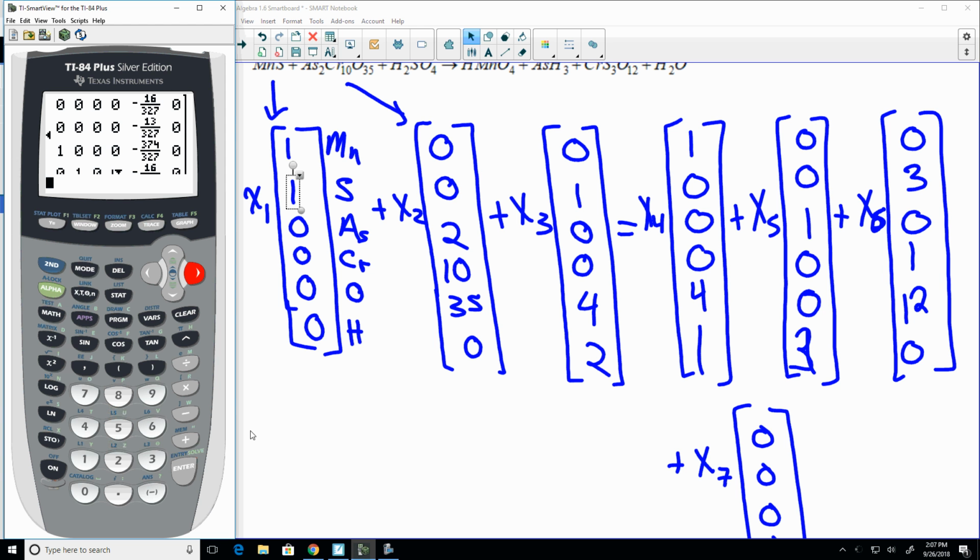Just don't scroll up. Well, we have a free variable here, and we solve for all x1 through x6. We move this one over, and these are times x7. So if you let x7 be 327, then you'll get that you need 16 manganese, 13 sulfur, 374 arsenic, 16 chromium, and so forth. I just can't find the rest of it.